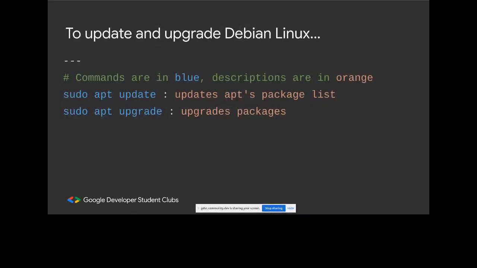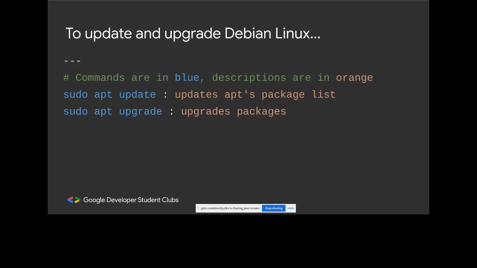So to update and upgrade our Debian Linux, I said this was kind of a different thing. So why do I make this distinction between updating and upgrading? Well, the apt program keeps track of what possible software exists to install. So we call it a package list.